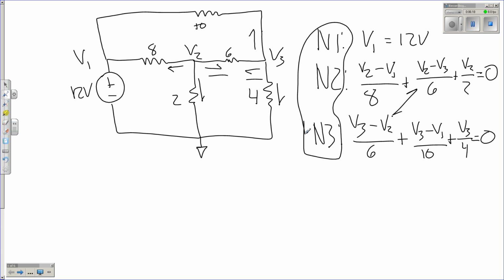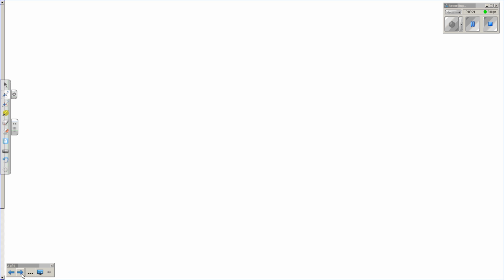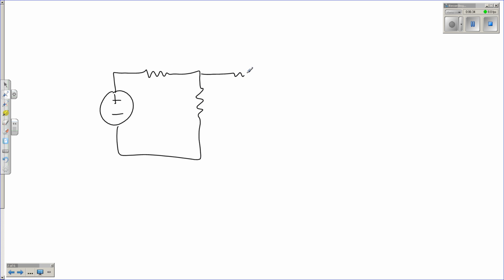Alright, so how about supernodes? And what the heck is a supernode? Well, it looks something like this. If we have our circuit from before with one minor adjustment, I'm going to replace a series resistor with a source.